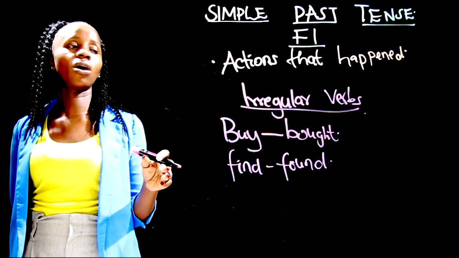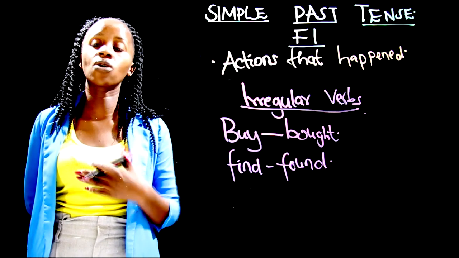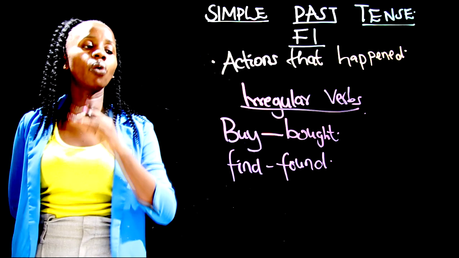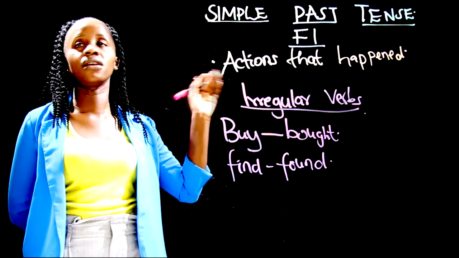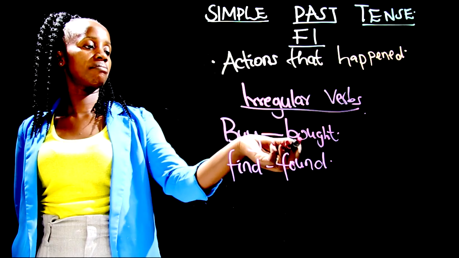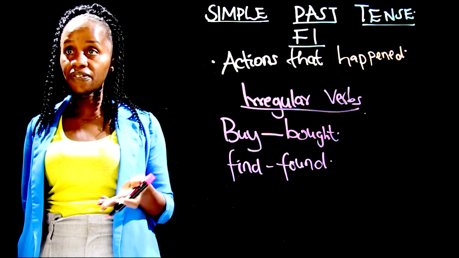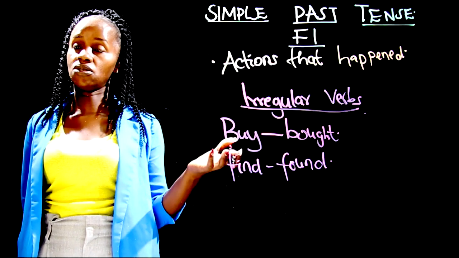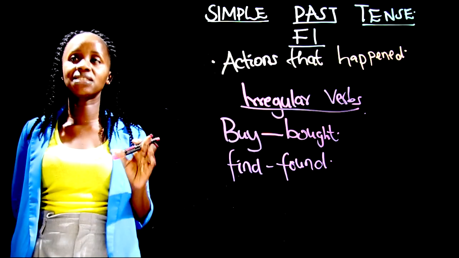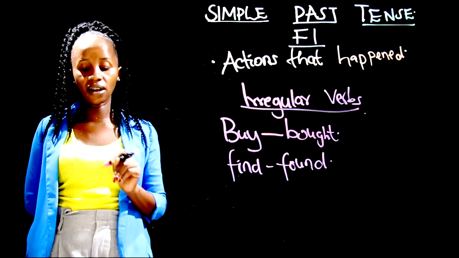That is what we call irregular verbs, because there isn't a common rule that goes with each and every irregular verb. For example, you see buy, bought, find, found, leave, left. So we don't have a certain rule that goes with each and every irregular verb.